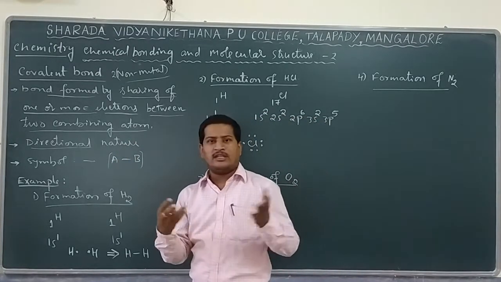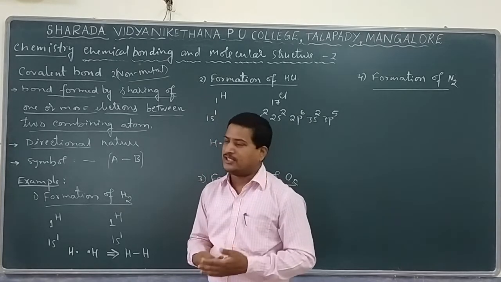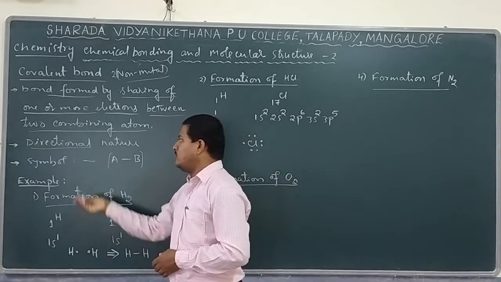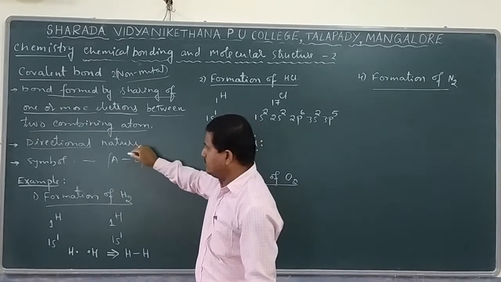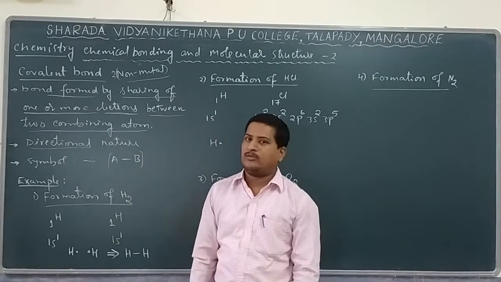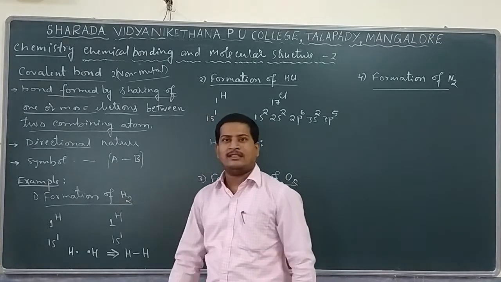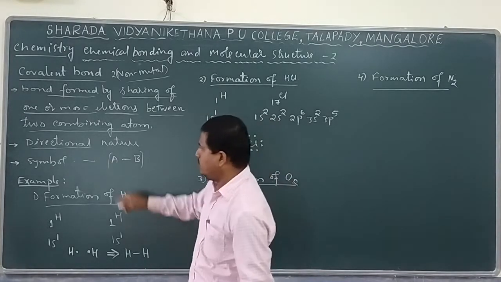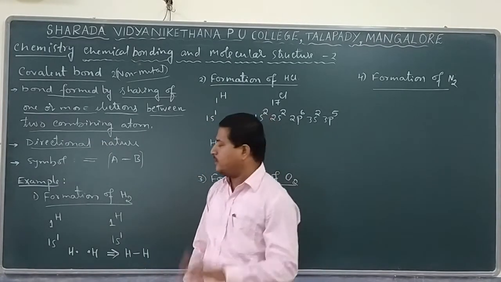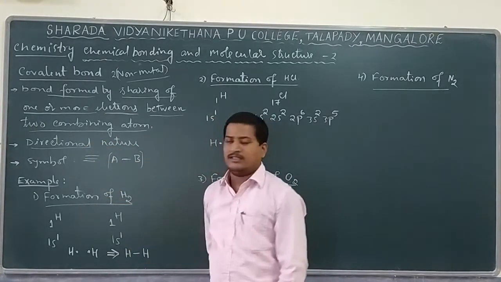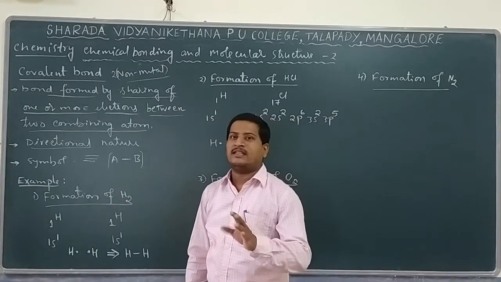For an ionic bond, there is no proper symbol representation, but for a covalent bond, a hyphen is written. For example, A-B. This hyphen indicates the covalent bond. If one hyphen is there, consider it a single covalent bond. If two hyphens are there, consider it a double bond. If three lines are written, it is considered a triple bond.